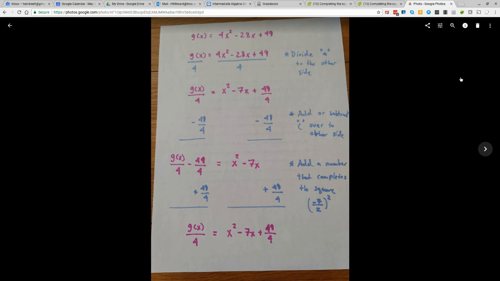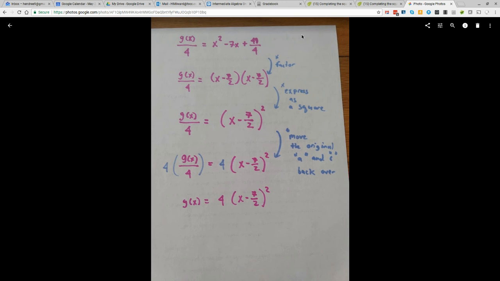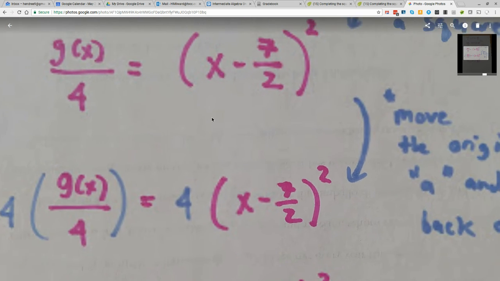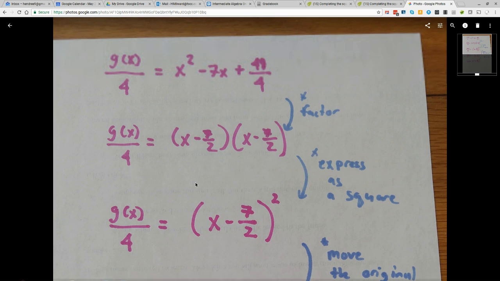Let me take you to the next page. Okay, so now we're getting close. We've got the number that completes the square. We just need to factor this, right? And that factors into x minus 7 over 2 times x minus 7 over 2.